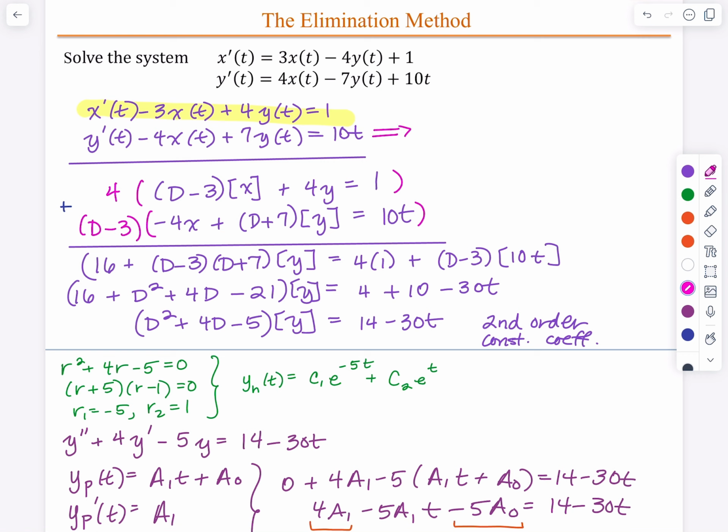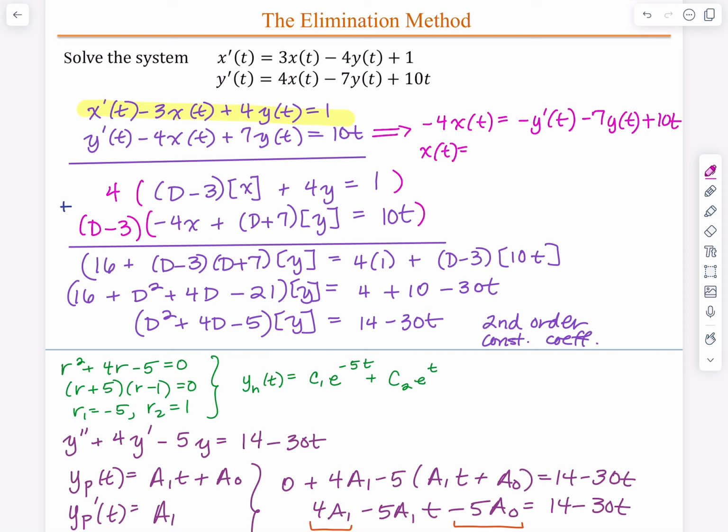So we will have negative 4x of t is equal to the opposite of y prime of t minus 7y of t plus 10t. So solving for x of t, dividing each one by negative 4, we have 1/4 y prime of t plus 7/4 y of t minus 5/2 t.